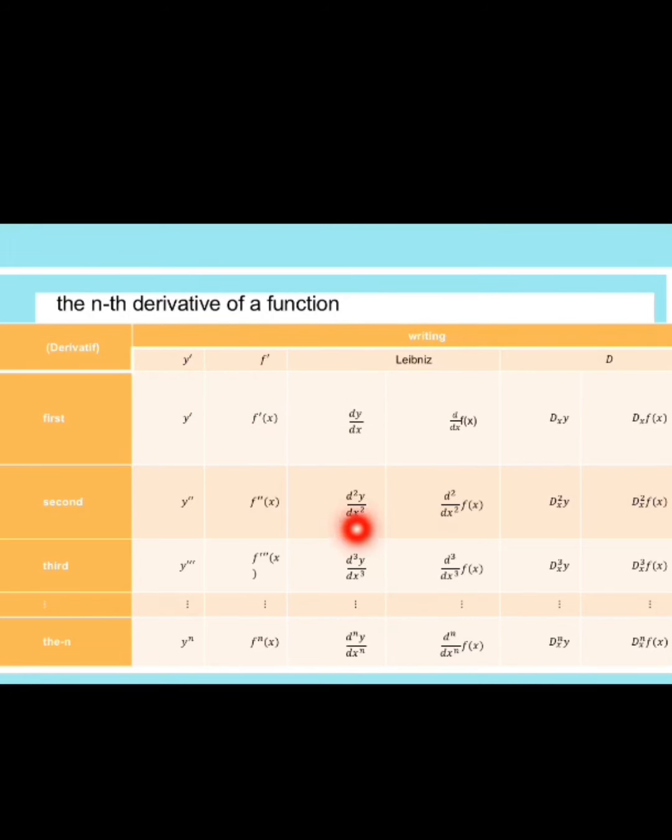Column number 3 and 4 is Leibniz notation. We say dy over dx. Column number 5 and 6 is Euler notation. We say D x y. This is first derivative and the second derivative and the third derivative and the nth derivative.